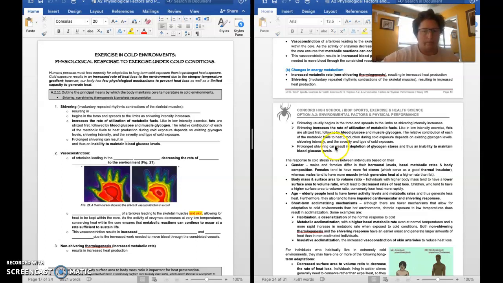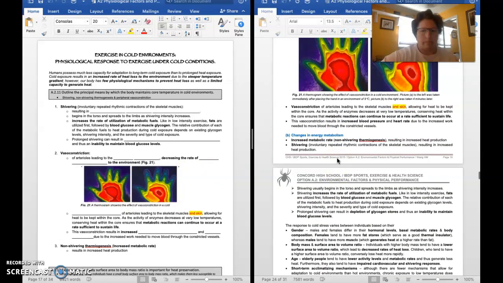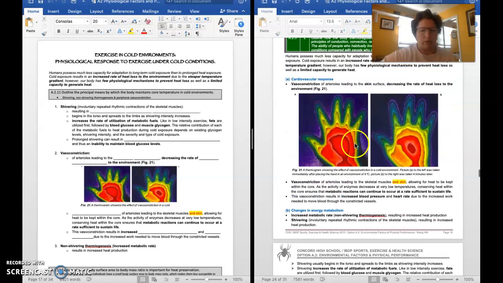lot of energy. You also can see in the picture here vasoconstriction. If you look, this first picture is right when we lay our hand on a cold apparatus, whether it's ice or submerged in super cold water. So we can see that as we put our hand on it, we have vasoconstriction.